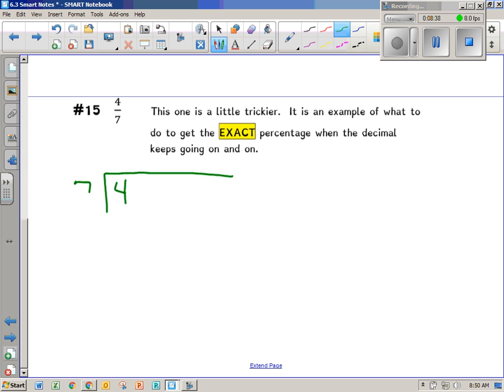So I've got 4 divided by 7. Just going to go ahead and make my decimal in a different color here. And then I know I'm going to need at least 2 zeros here because I'm going to have to convert my decimal to a percentage. So if I start dividing 7 into 40, that's going to go 5 times. 35. 7 into 50 is 7.